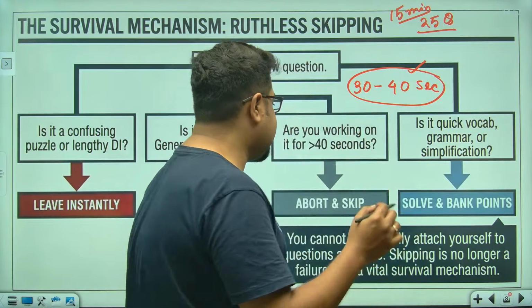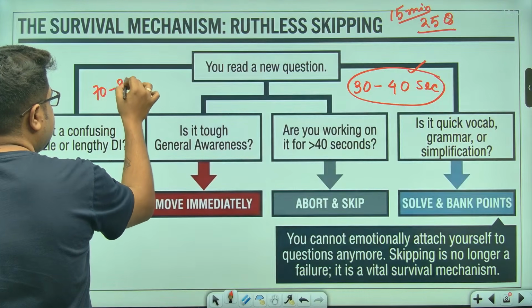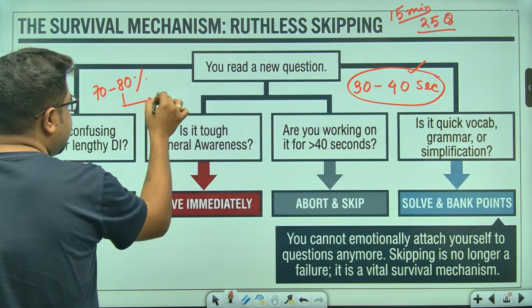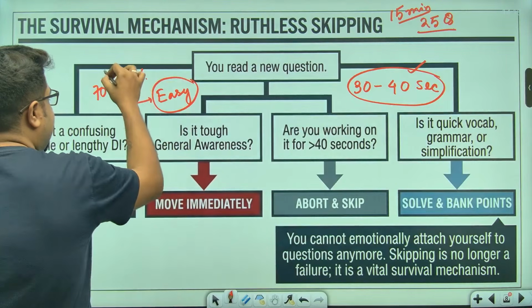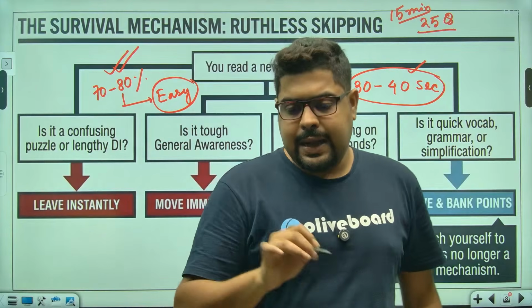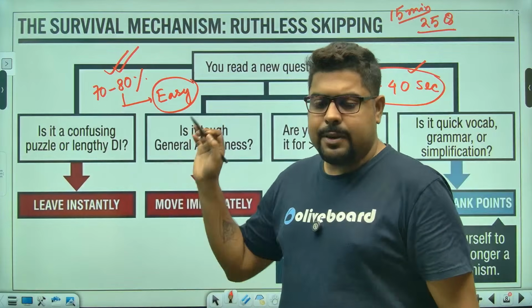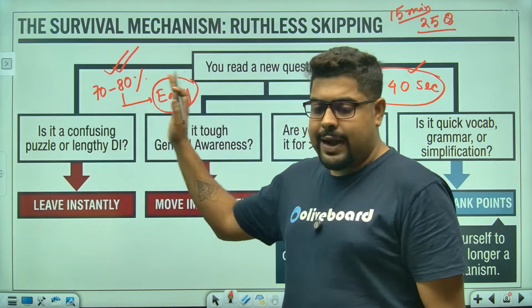Please understand, 70 to 80% of the paper is going to be very easy. Your job is to attempt these 70 to 80% of the paper first. You need to attempt that first.